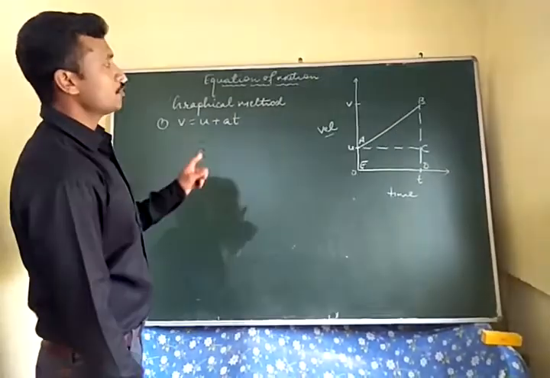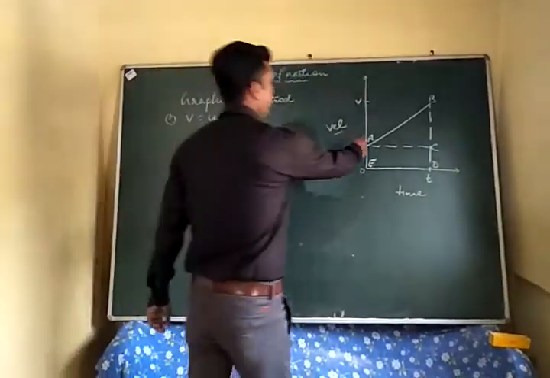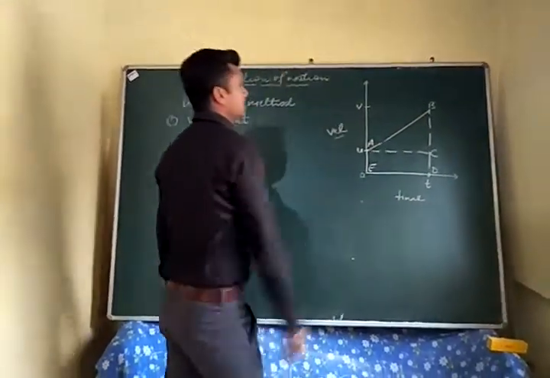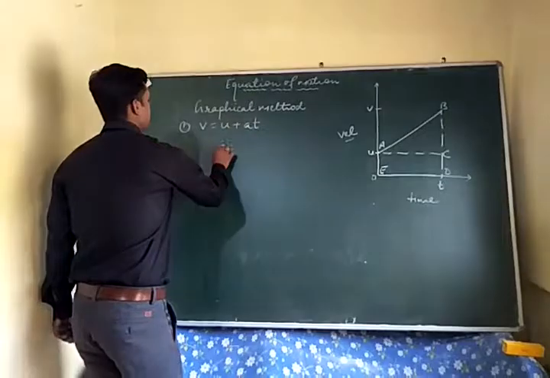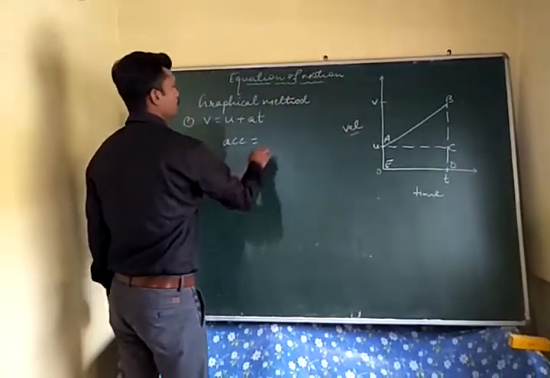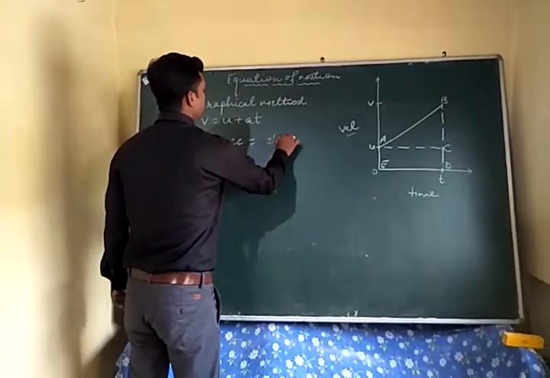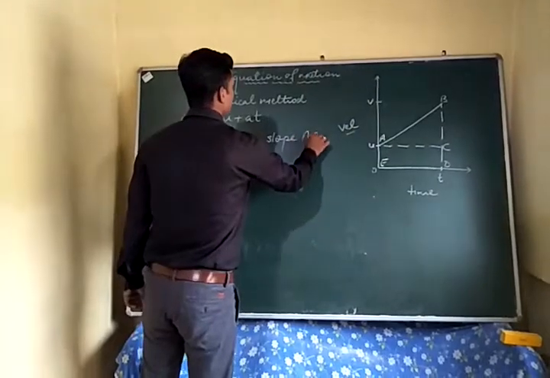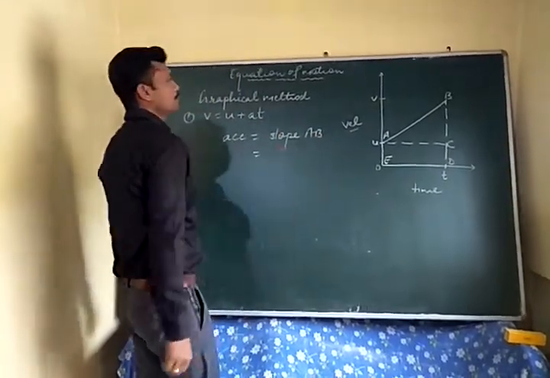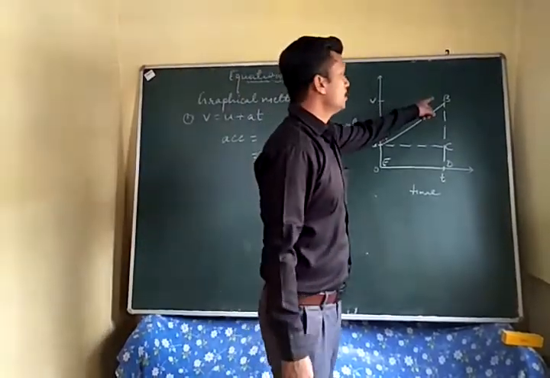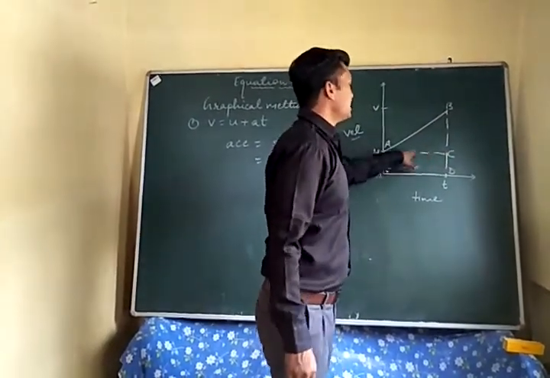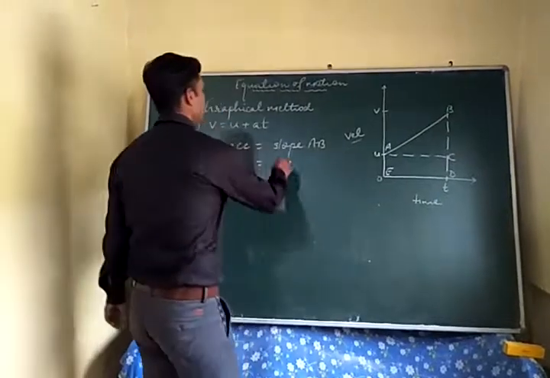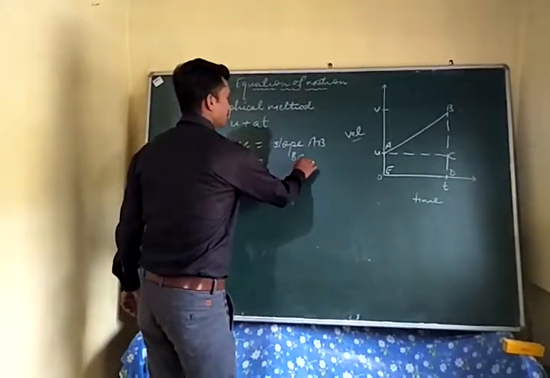You know, in a velocity time graph, the slope AB represents the uniform acceleration. So we can write acceleration is equal to slope AB. And the value of slope AB can be found by taking this perpendicular divided by the base AC, that is, we can write BC upon AC.